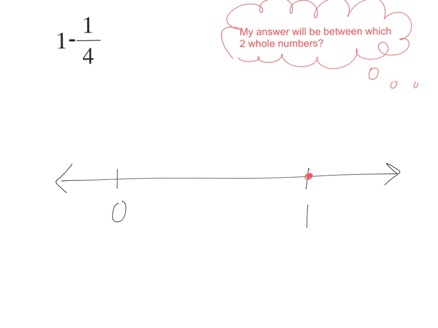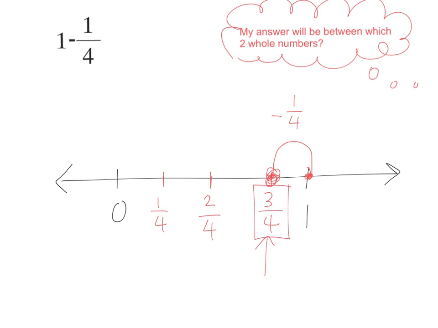Left. And how far to the left do I need to move? By 1/4, right? So this time I'm going to divide between 0 and 1 into 4 parts. 1/4, 2/4, which is the same as 1/2, and 3/4. So I'm going to move 1/4 backwards to right here. At the top I'm going to label it. I'm subtracting 1/4. And so my answer is going to be right here, which is 3/4.